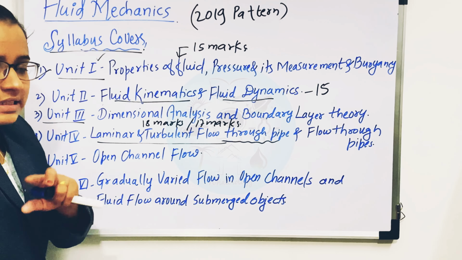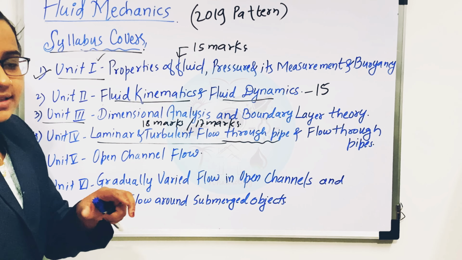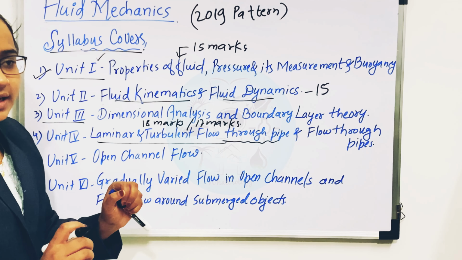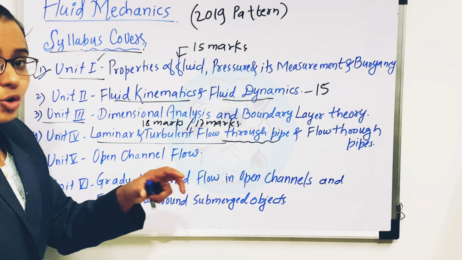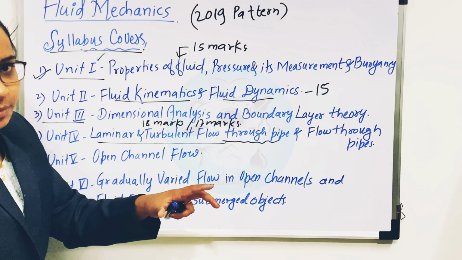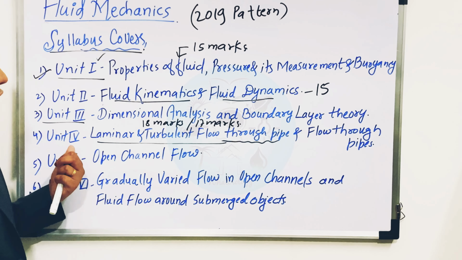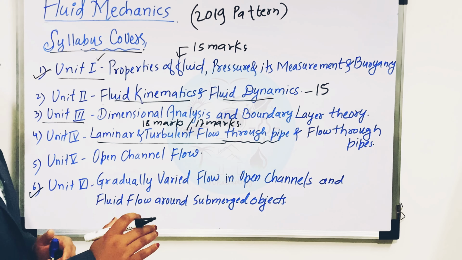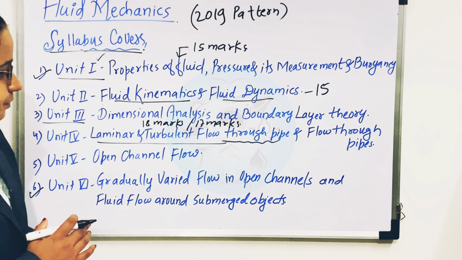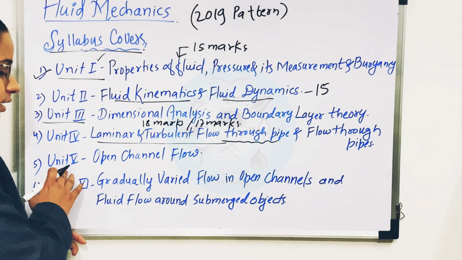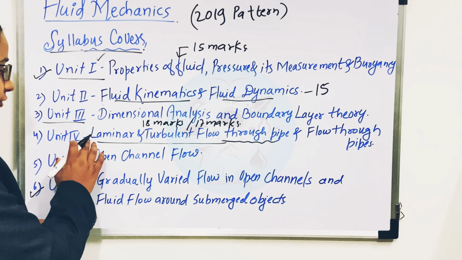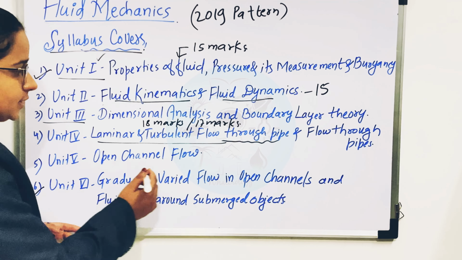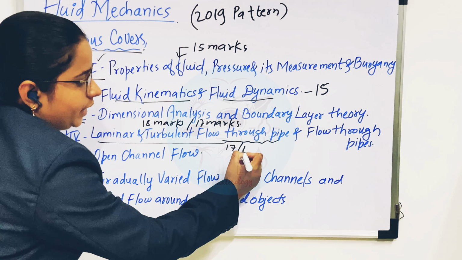Why? Because in general, if we talk about fluid mechanics, there are 2 systems under it: the system which is under pressure and the system which is open to the atmosphere, that is, not under pressure. So in the 4th unit, whatever we are learning is under pressure, right? The weightage for this unit also is 17 or 18 marks.